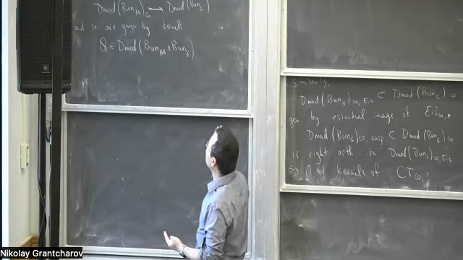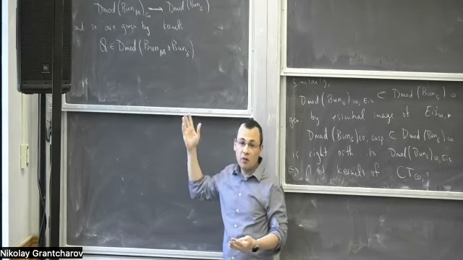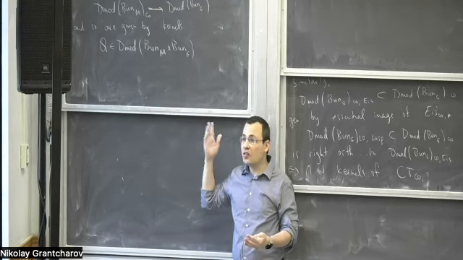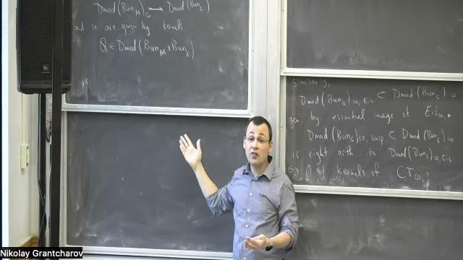Now, if we want to compose that with i lower shriek, we just apply i lower shriek to one of the factors, like the second factor.